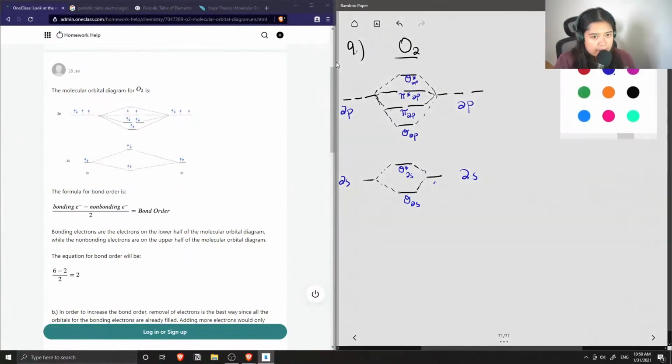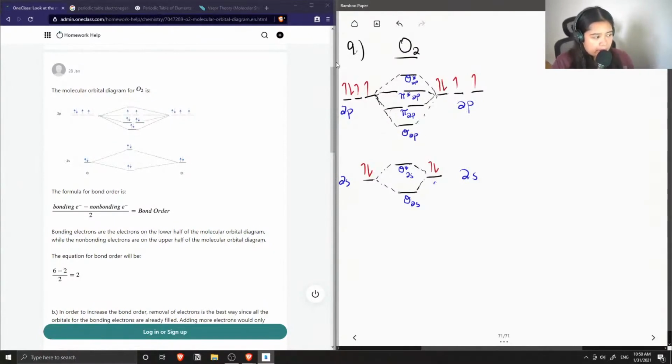Okay, so on the left and the right is a regular molecular orbital diagram for a single oxygen atom. So they have the 6 valence electrons drawn in: 1, 2, 3, 4, 5, 6. And since this is O2, we have 2 oxygen atoms coming together, so they're going to have the same molecular orbital diagram.